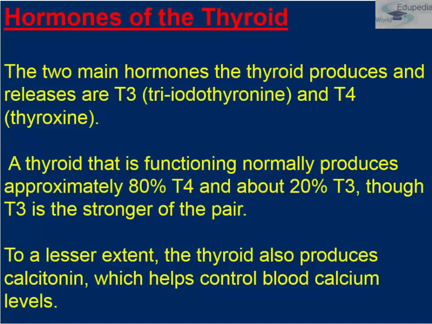Now, what are the hormones of the thyroid? As I said, there are two main hormones that thyroid produces and releases. And what is that? T3 and T4. T3 full form is triiodothyronine and T4 is thyroxine. Now when I say thyroxine, please understand that I'm talking about T4 hormone, which is produced by thyroid.